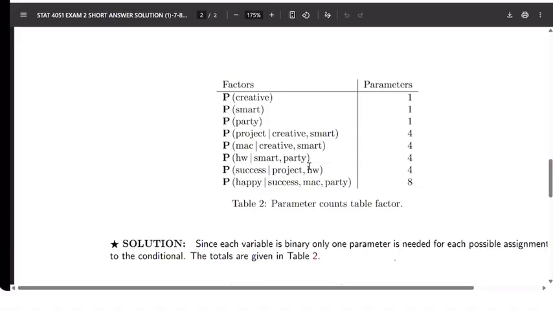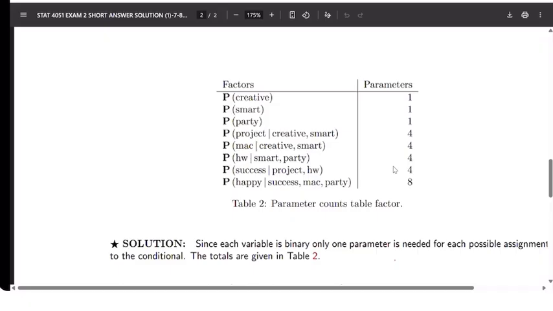Now, take a look at this. Happy depends on three: success, mark, and that. How many do I need? That would be eight, two times two times two. Therefore, the total number of parameters is what you get when you add these up. Does that make sense? When you add all of this up, that gives the total parameters you need using the network.